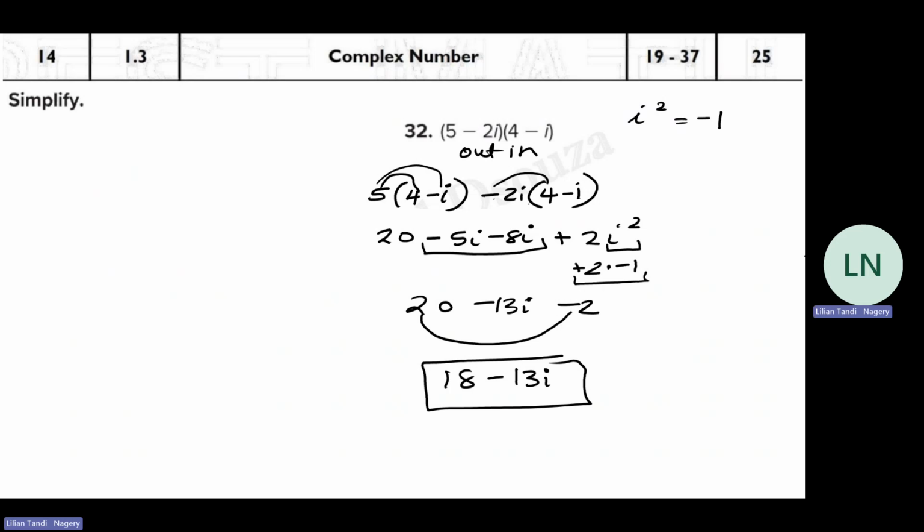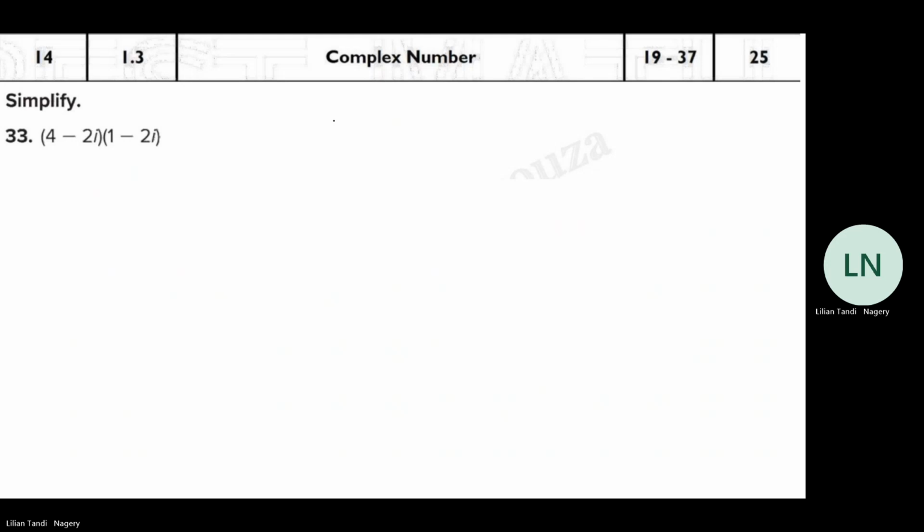So you have to be careful, especially over here. This is where we make most mistakes. Be careful when you're doing this part, okay? i squared equals negative 1.